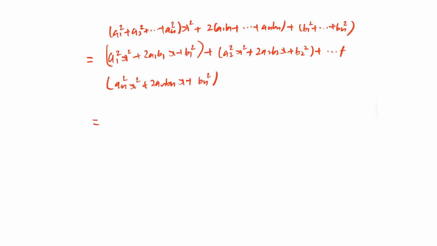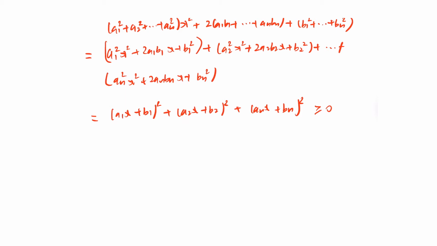And this would be equal to (a1 x plus b1) squared plus (a2 x plus b2) squared plus (an x plus bn) squared, which is simply larger than or equal to 0.